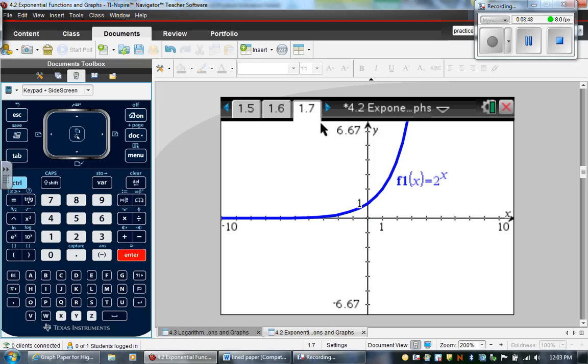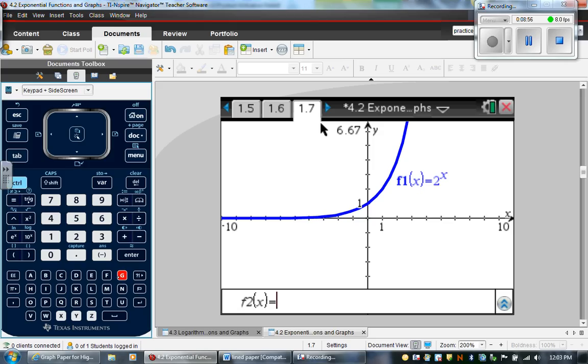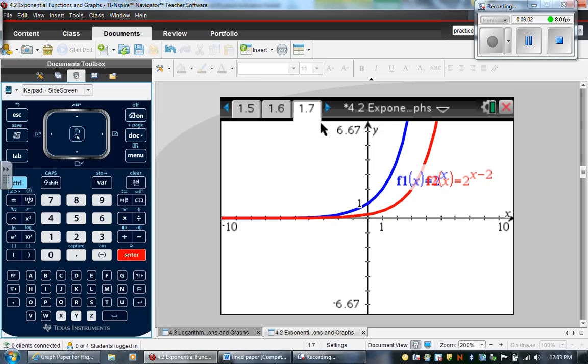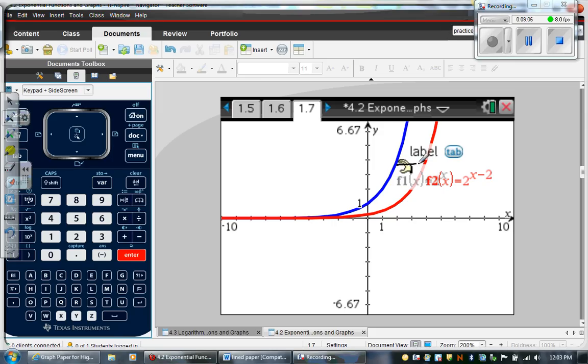Now if I'm correct, what should happen when I graph 2 raised to the x minus 2 is I should shift my entire function 2 units to the right. So Control G brings back up my function bar, 2 raised to the x minus 2, and my function has indeed shifted 2 units to the right.